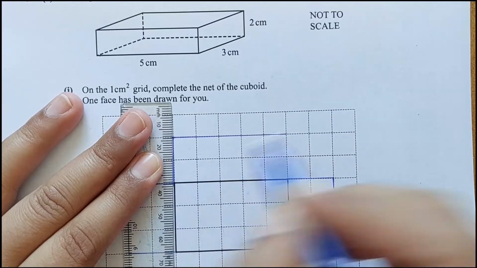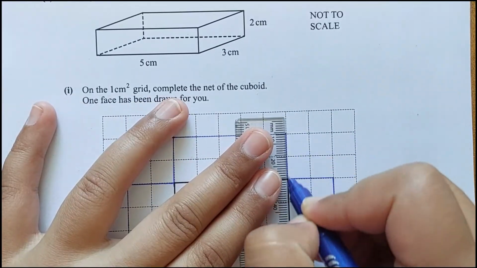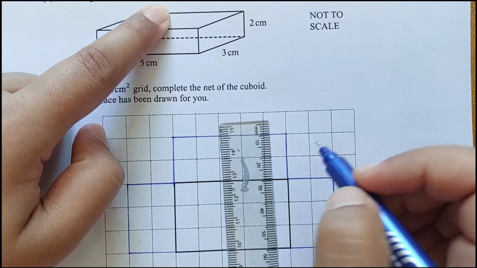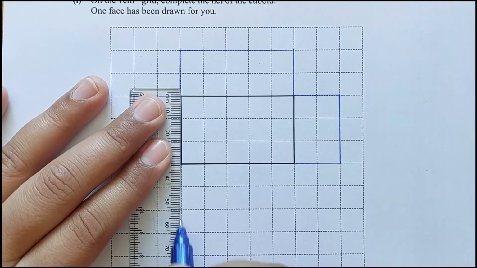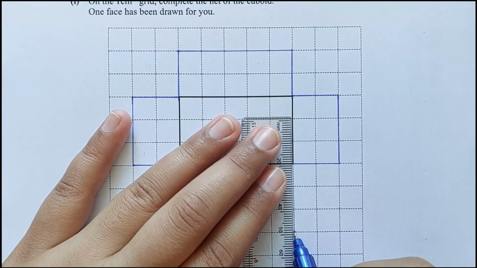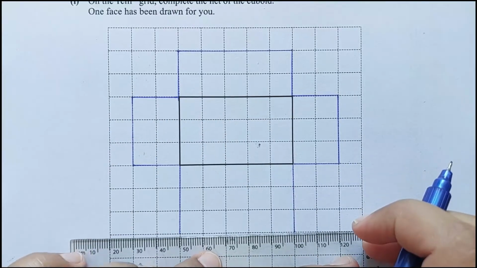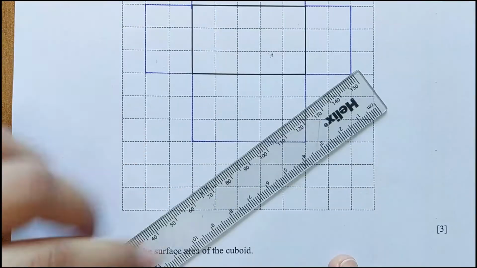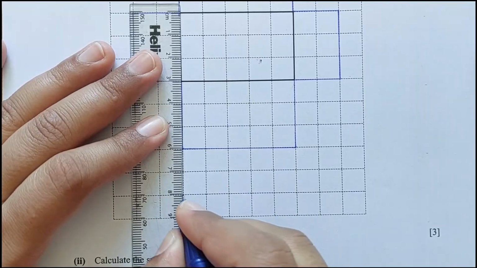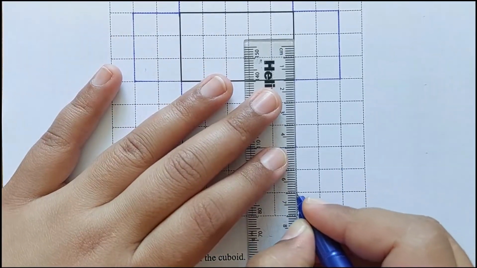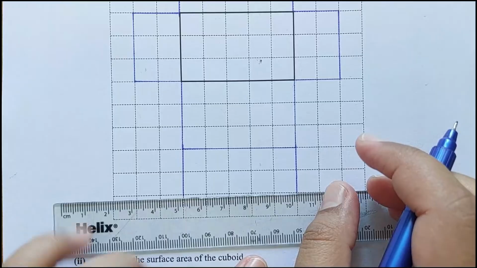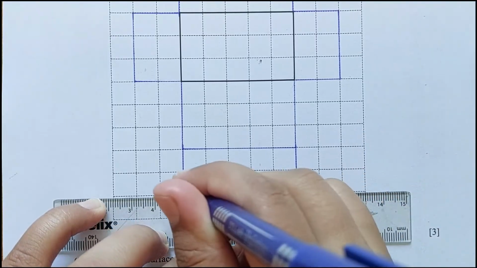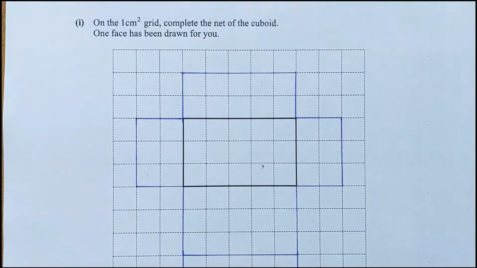And the top is 5, 3. And the last is the back side. The back side is again 5, 2. So the drawing of the net is completed. This is the net of the cuboid.